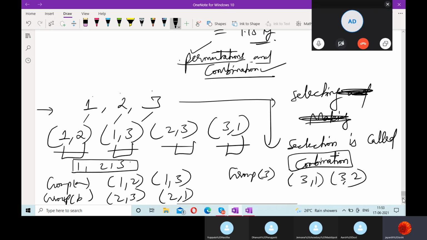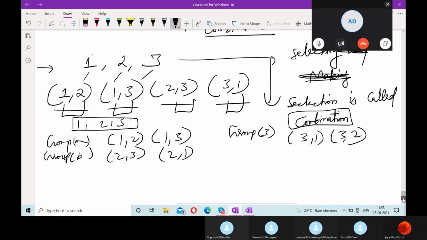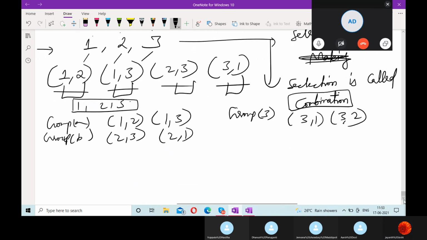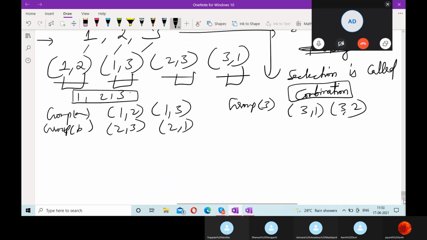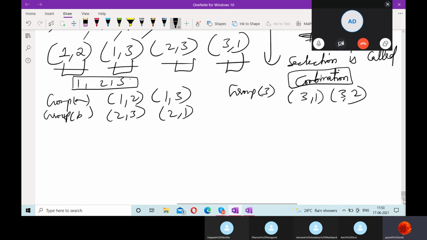Now the second concept. Now how many groups have you made? Three groups here, by selecting the numbers from the given numbers. Now what is a permutation? That you need to understand.